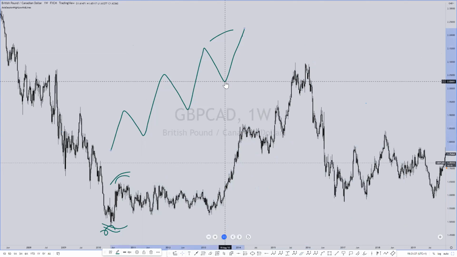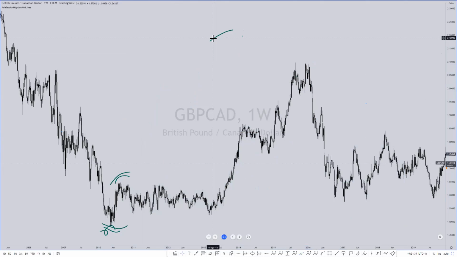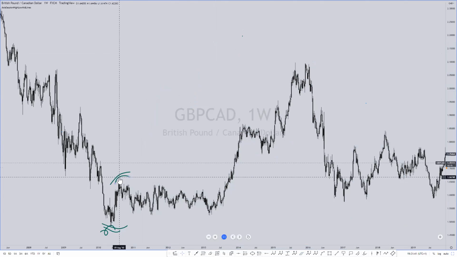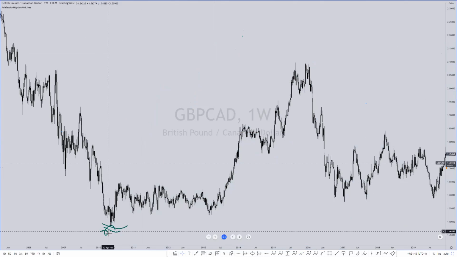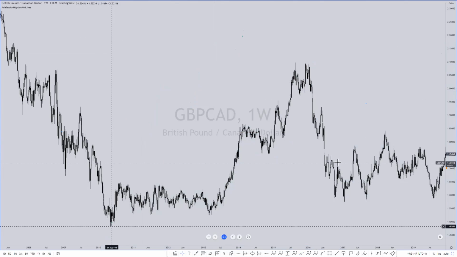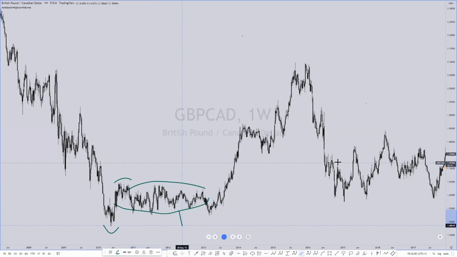All right. So for our weekly structure here, what do we have? Let's start again. We have a low, a high. Then we call this our daily, which is the major internal structure.